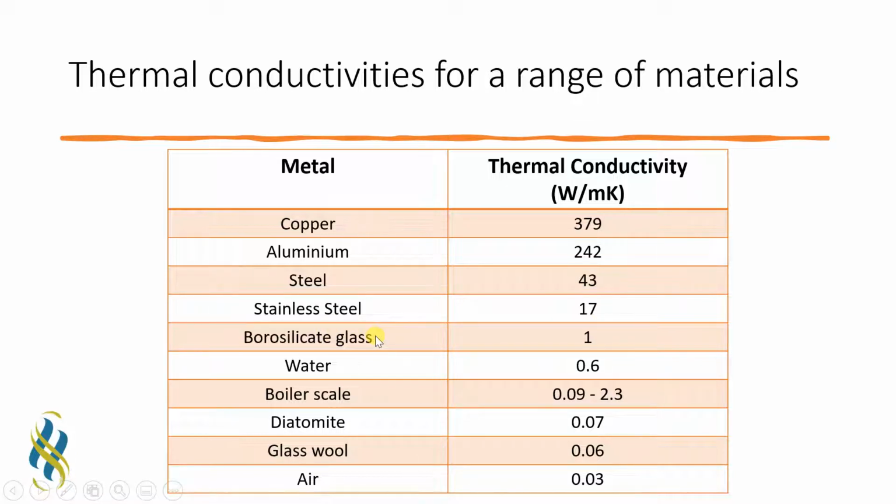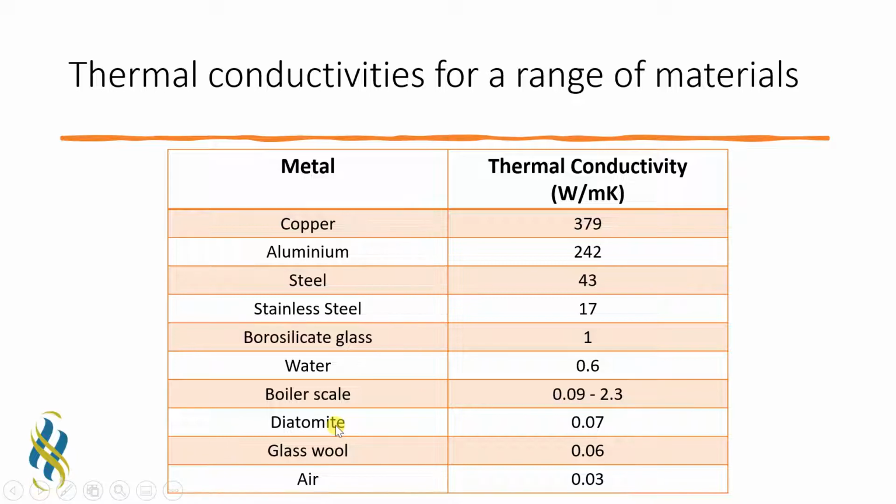Borosilicate glass has a lower thermal conductivity value, 1 watt per meter Kelvin, and water has a lower value than borosilicate glass as well, 0.6 watt per meter Kelvin. Boiler scale's thermal conductivity is sometimes lower than water and sometimes greater than water, with a range from 0.09 to 2.3 watt per meter Kelvin.